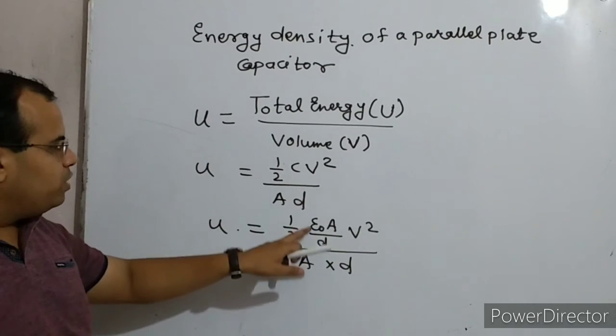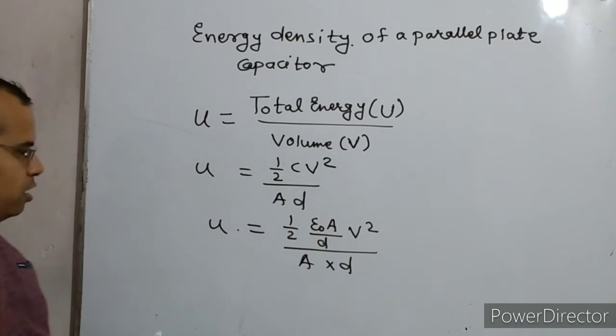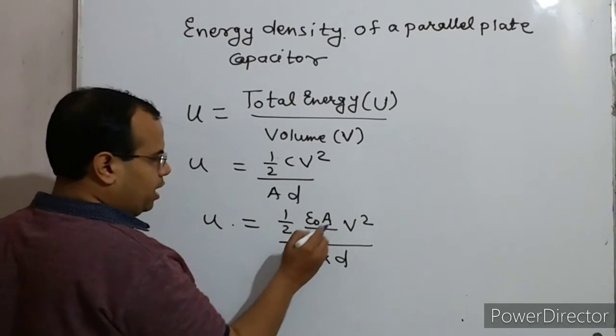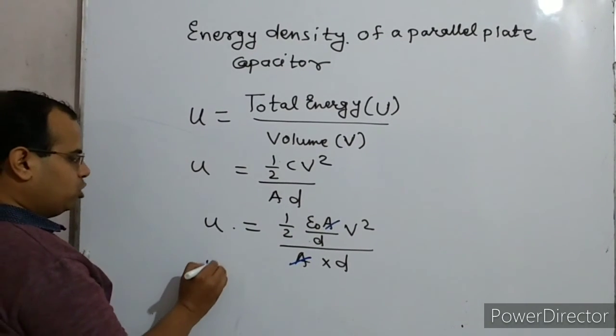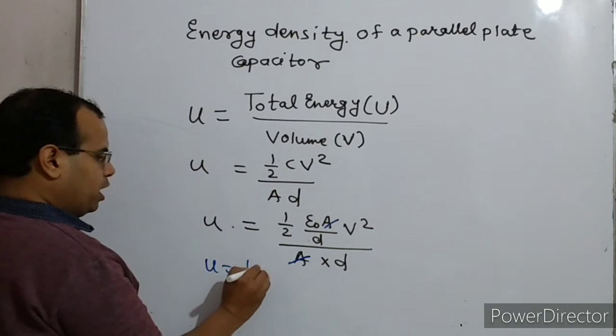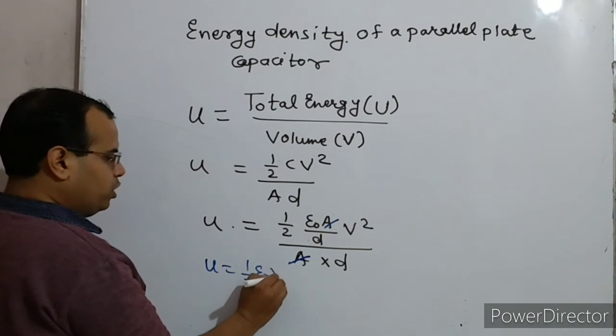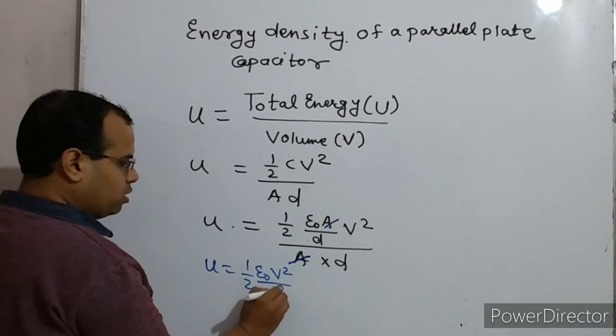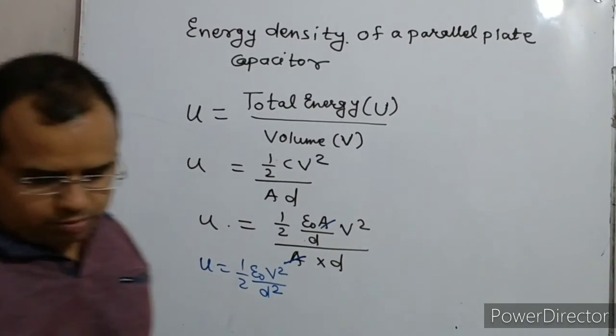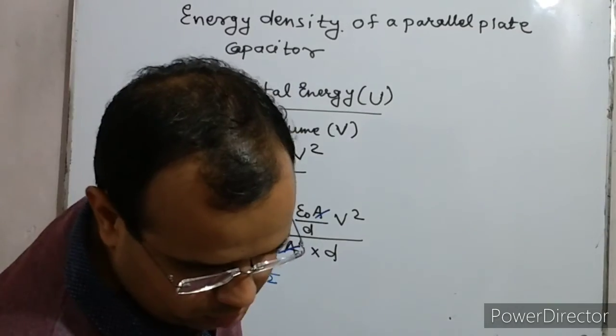Now in place of C we can write epsilon naught A by d. Now this A and A are cancelled and this d and d are multiplied. So you will get U is equal to 1 upon 2 epsilon naught V square upon d square.